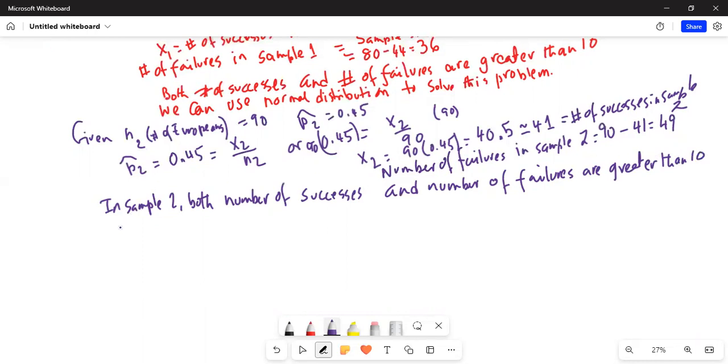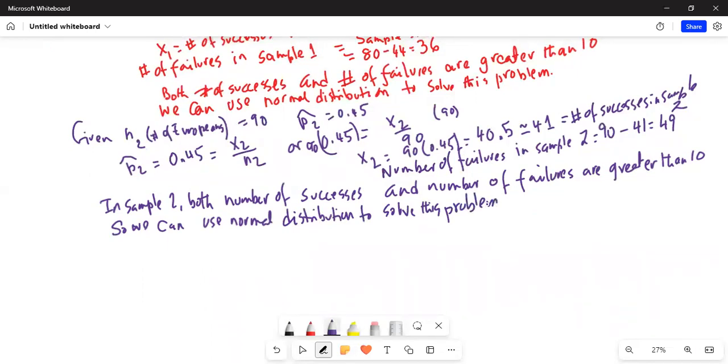So we can use normal distribution to solve this problem.